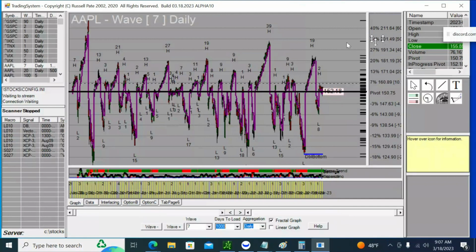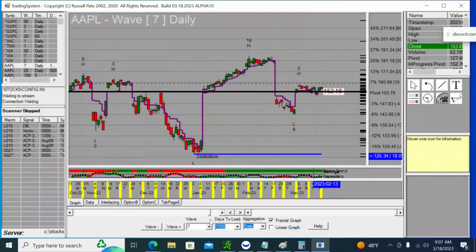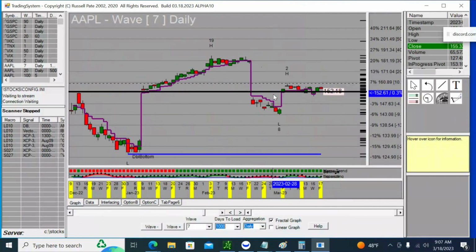So the percentages are across the lines, and the numbers are only specific to this move and this move. Well, I said that wrong. These numbers are to this move and a pending move here. So right now it's saying that it's moving above the pivot line.